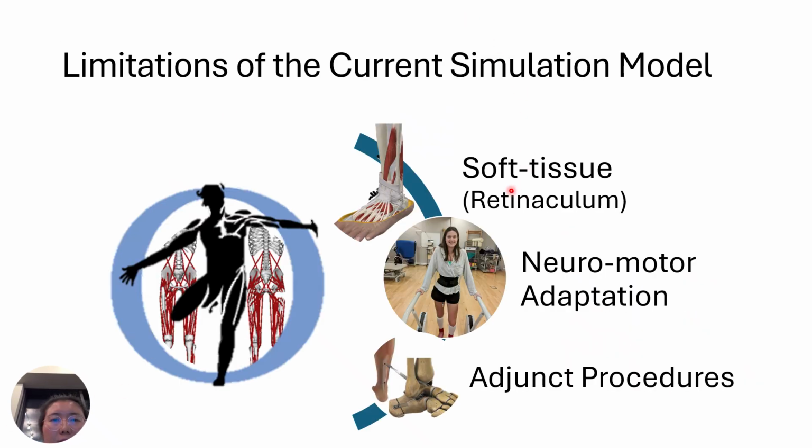The difference between what we see in simulation and what happens in real life is likely due to several factors that were not included in the current model. First of all, the soft tissue interaction and also the neuromotor readaptation, where a patient has to relearn how to use the rerouted muscle. And finally, adjunct procedures such as Achilles tendon lengthening and osteotomies are also not included in current models.